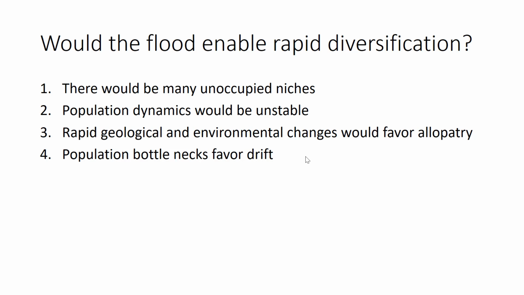When you take an entire created kind and reduce it to two individuals, you're going to lose a significant amount of the diversity within that group. As a result, you get a bottleneck, and the allele frequencies in your created kind are going to change very rapidly. Following that, as you regrow that population, you have a great potential with a small population size for random genetic changes.